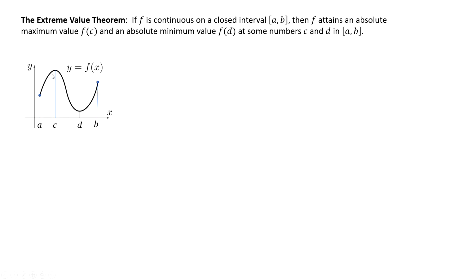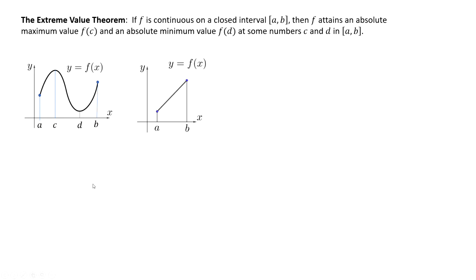Cool. Well, is that true here in this figure? Yep, this function is continuous on this closed interval, and sure enough, there is an absolute maximum at c and an absolute minimum at d.